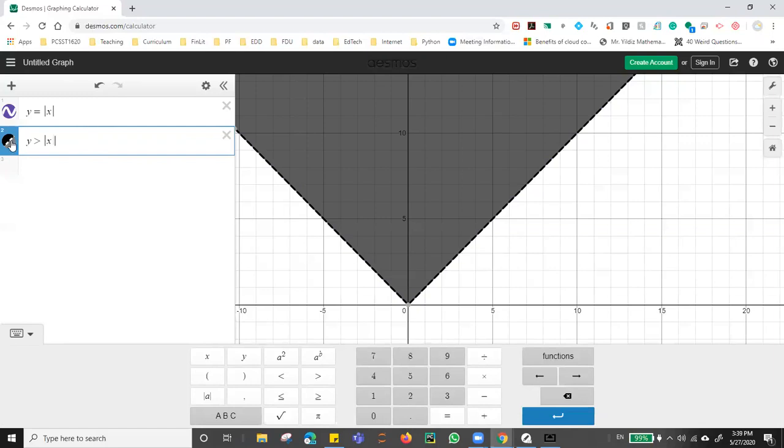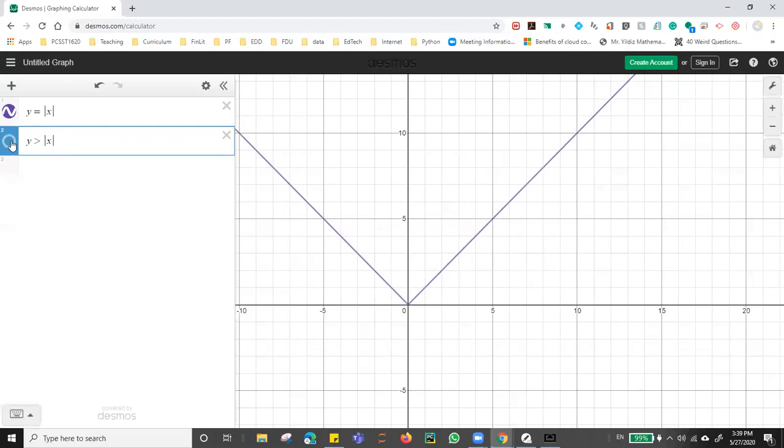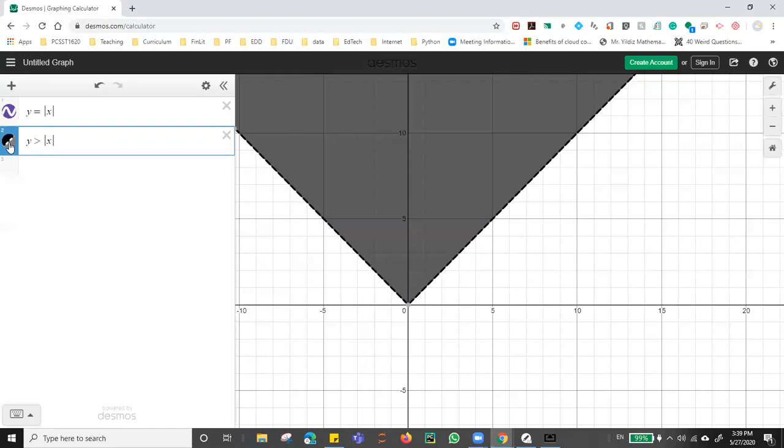When I hide this, this is my absolute value parent function with the equation. But when I come to the inequality, I have a shaded region because an inequality's solution is a shaded region, not the line.